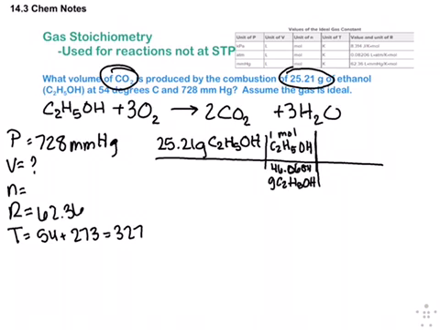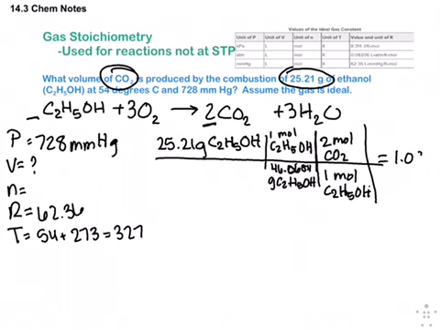Then we use our molar ratio to go from moles of ethanol into moles of CO2. So we have 1 mole of ethanol, C2H5OH, to 2 moles of CO2. And that is the last step because we need to be in moles of CO2.